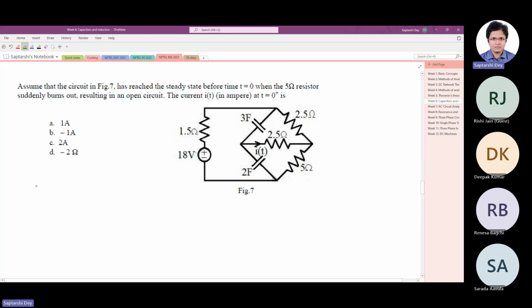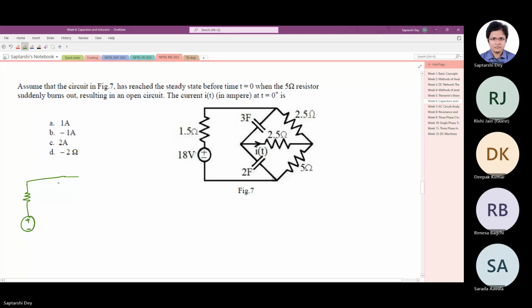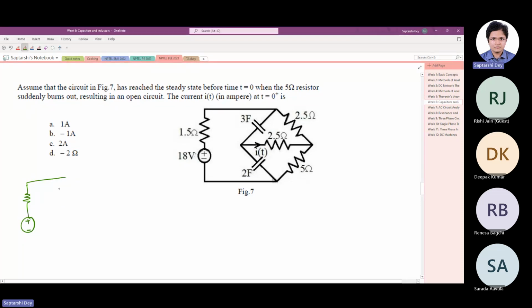So at steady state, what happens? It's a DC network, that's why you can take the capacitors as open circuit. Means they are not carrying any current, but there is definitely some voltage across them.